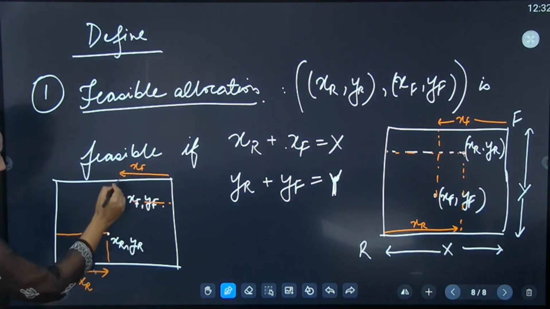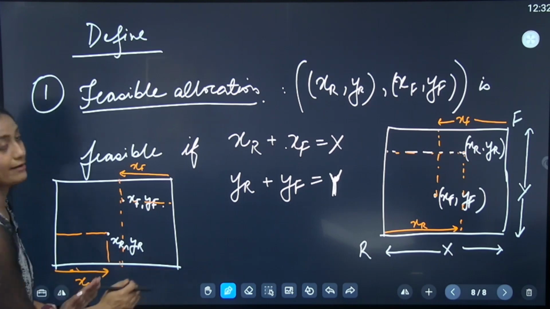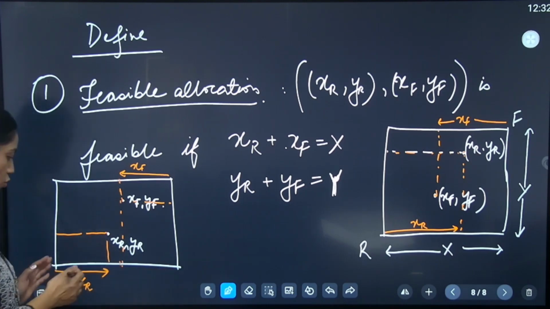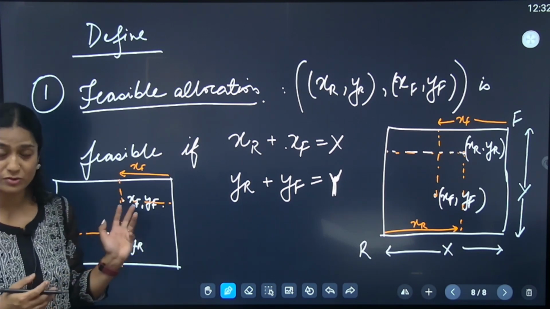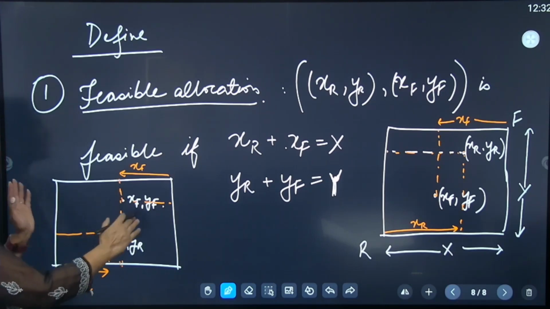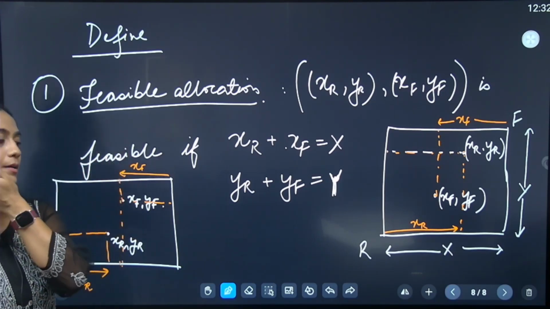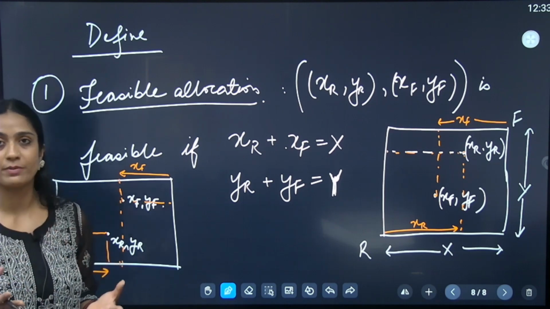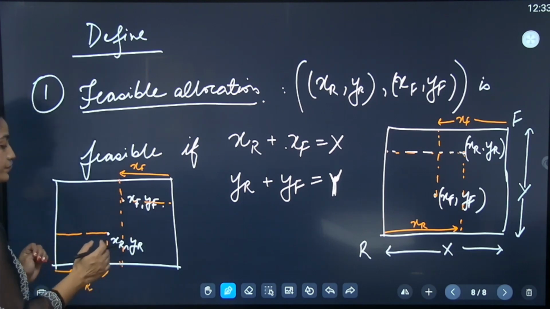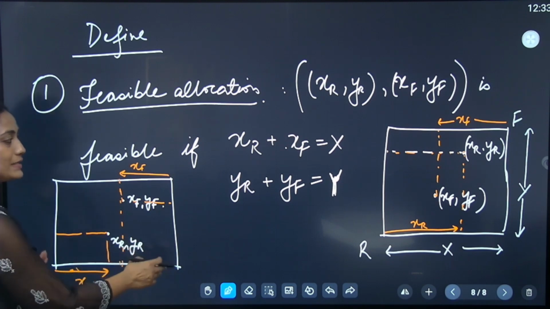The problem is that this and this is less than the total. XR plus XF do not sum to X. Now, while technically this is still feasible, that just means that there is some wastage. What we will do is we will not consider even this as feasible. The reason will become clear once I come to the definition of Pareto optimality.